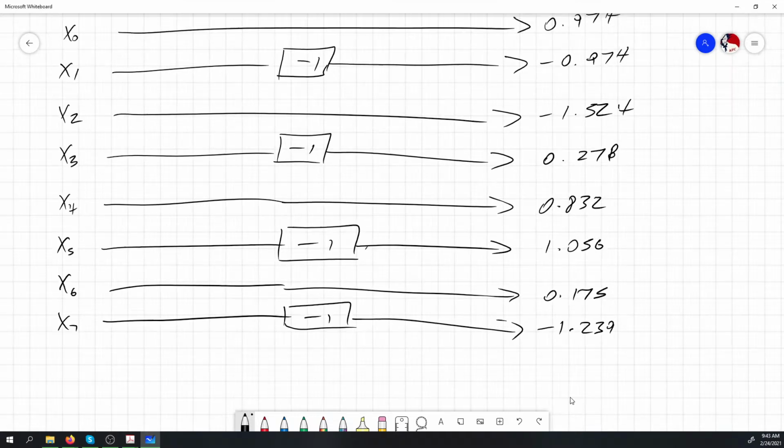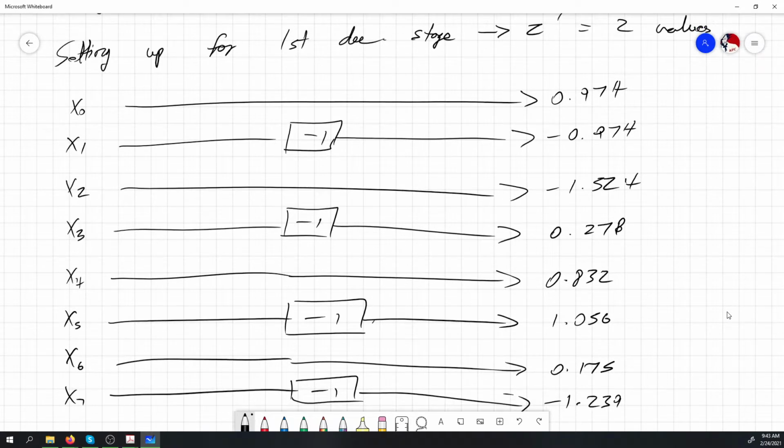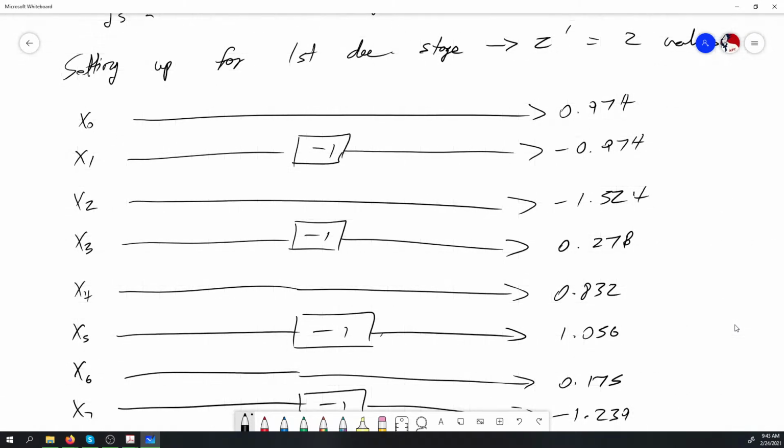And then, because this is the first decimation stage and we're just grouping by 2 values, the first value here in the group of 2 just matches to the next value here that has the negative 1. We just put our cross points accordingly. And then we can just solve for each one as we keep on going.